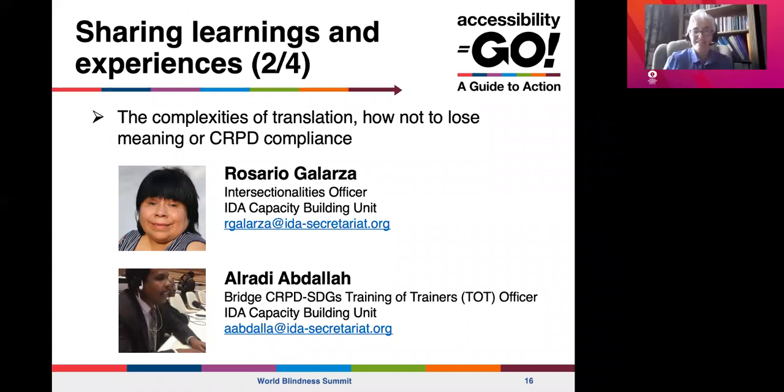Rosario Galares is the Intersectionalities Officer at the International Disability Alliance Capacity Building Unit, and Alradi Abdallah is the Training of Trainers TOT Officer. Both have great regional and national experience. They both also worked as part of regional and World Blind Union networks in their regions as well.